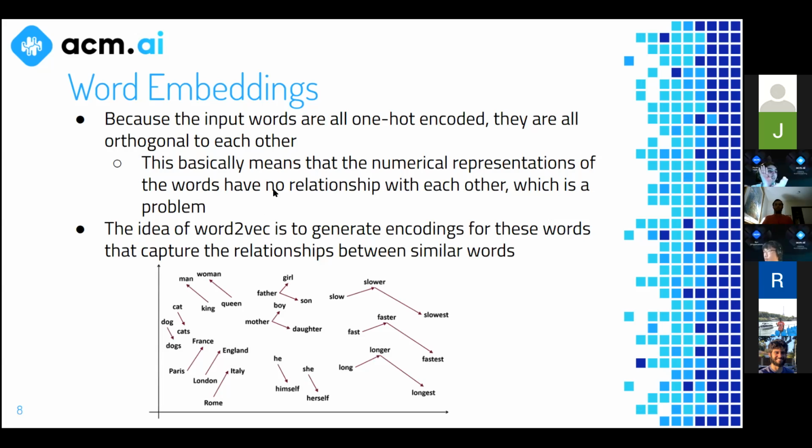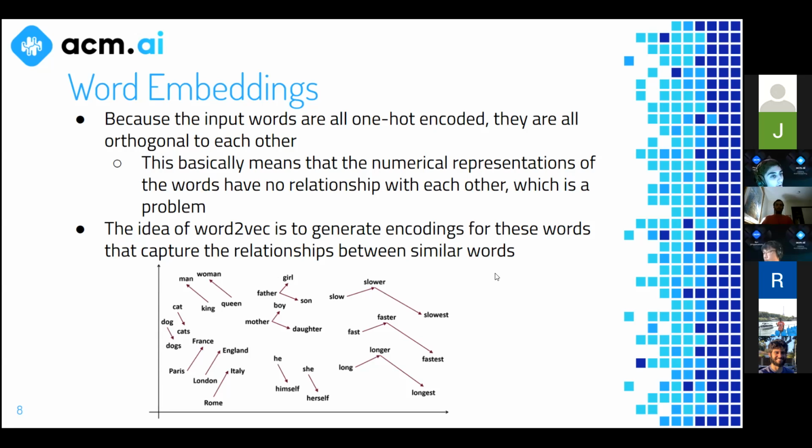And what this conceptually means in this context is that the words don't have any relationships with each other. They're all in some vector space, like you're looking at in this image here. But because they're all orthogonal to each other, at 90-degree angles to each other, we can't derive any relationships between those words.